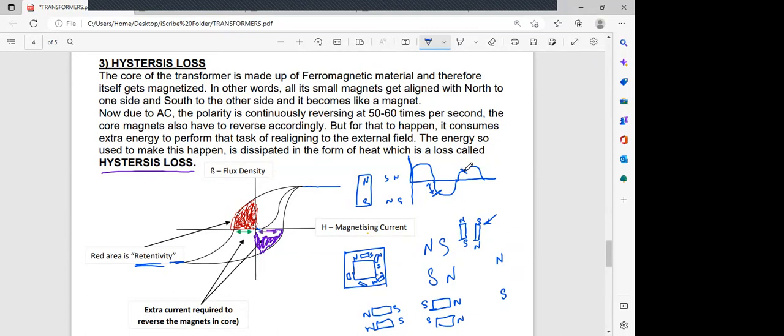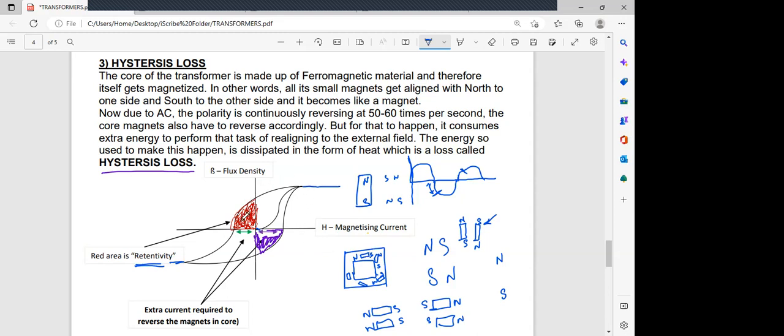And at this particular point, all the magnets have become higgledy-piggledy. You have demagnetized the core. Once again, this particular area in the opposite direction is called the area of retentivity. And this double arrow over here shows the magnetizing current that is required extra for demagnetizing the core.